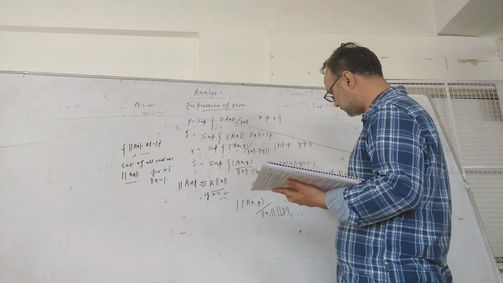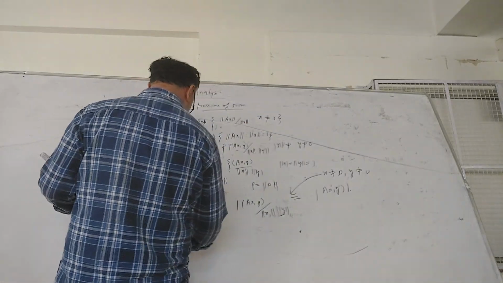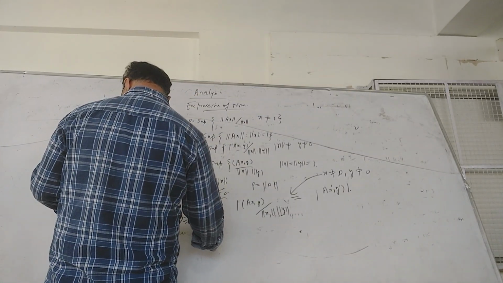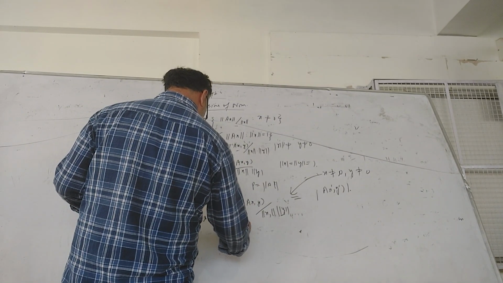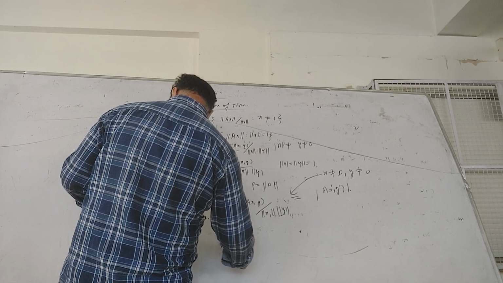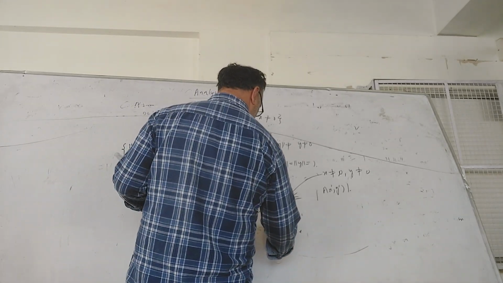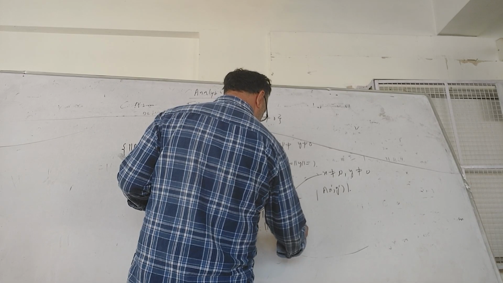Or if P is equal to Q is equal to A, we can define AX of Y as this inner product, less than or equivalent to AX of AY.